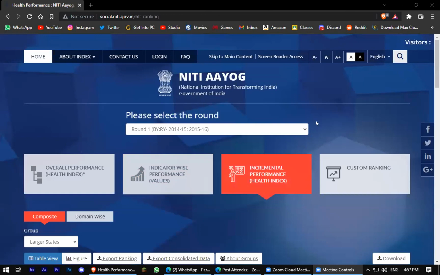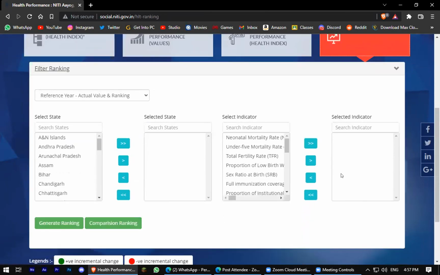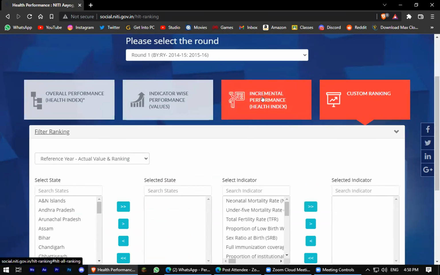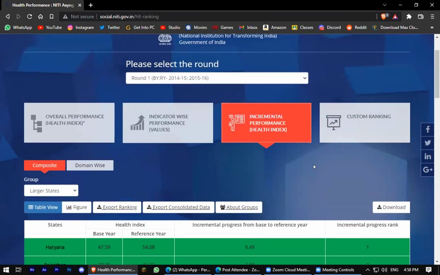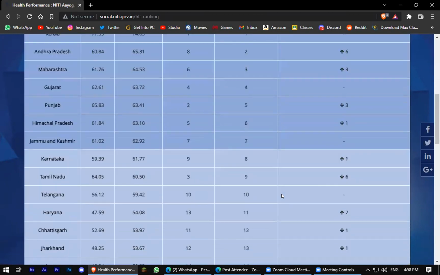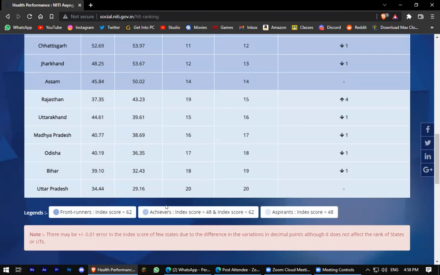Okay. Let us, this is the same. Front runners have an index higher than 62. Achievers have an index between 48 and 62.